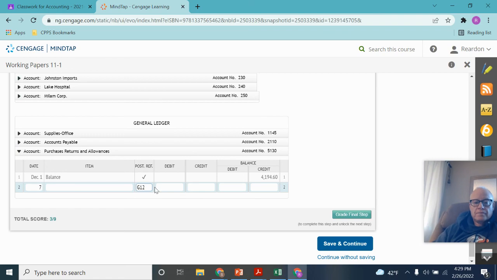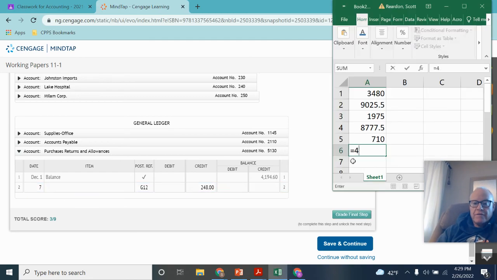G12. Again, that's a contra or an opposite to purchases, 248. It has an ordinary credit balance because it's opposite of purchases. So I'm going to take my previous balance of 4194.60 and add 248.